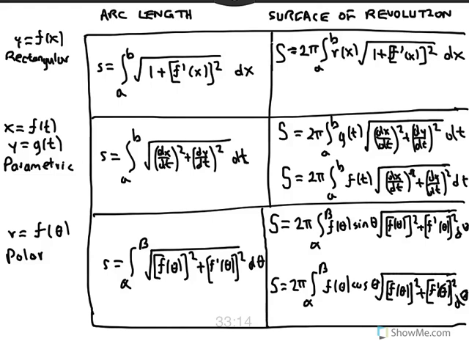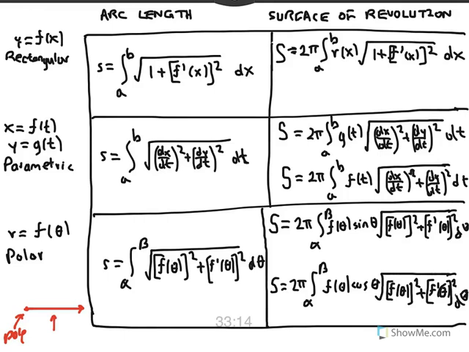So for the third objective, we want to find the surface area of a surface of revolution formed by revolving a polar graph about an axis of revolution. So let's take a look at what that means. Again, we have our polar coordinate plane with the pole here and the polar axis.